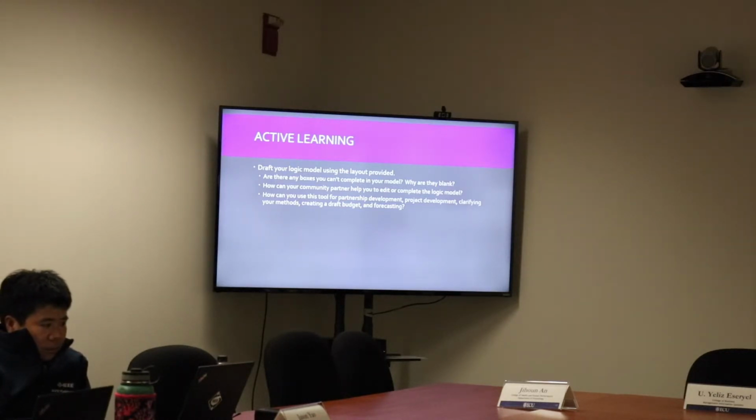Outputs are measurable, readily determined products resulting from input of resources and activities. For outputs, she divided them into community and academic, because again, we want to ensure that in the partnership, the community has whatever it is they need. What is that deliverable, but that you also do. That's why both of those pieces are in there, so that they're explicit.